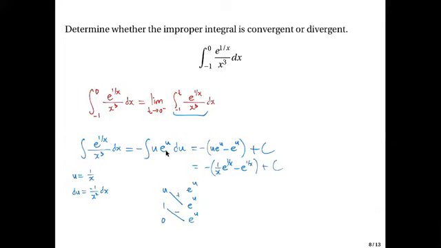So that this becomes the limit as t approaches 0 from the left of negative quantity e to the 1 over x minus e to the 1 over x, evaluated from -1 to t.